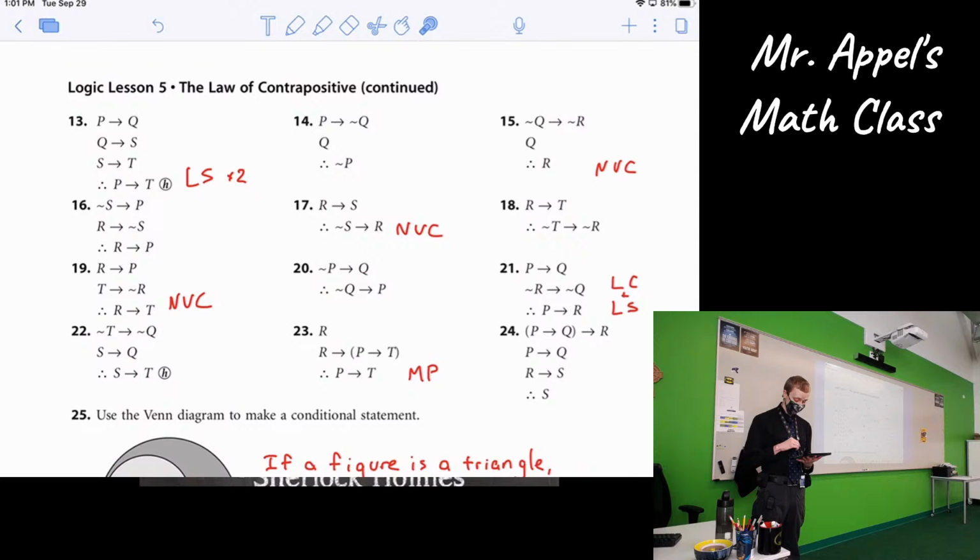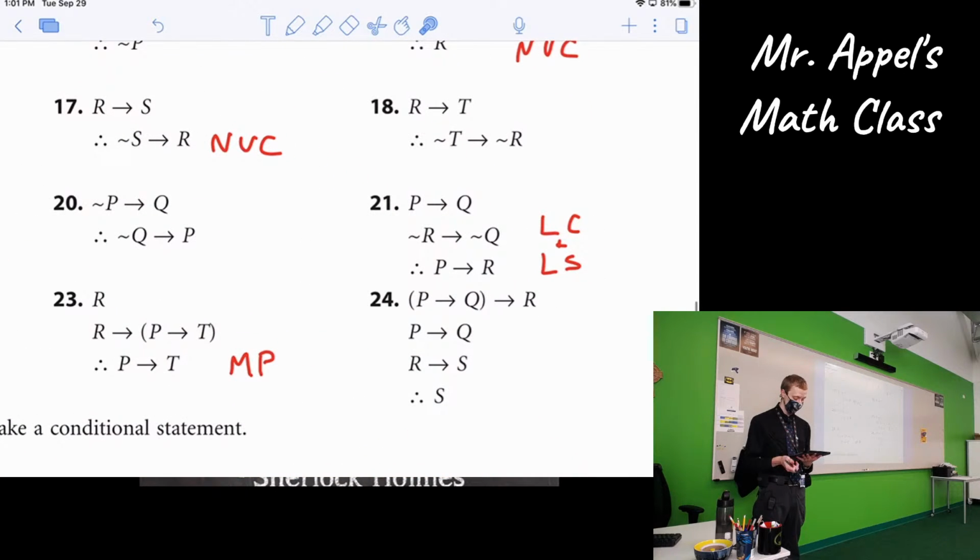Now, 21, probably the trickiest one here. 21 has if P then Q, if not R then not Q, therefore if P then R. We could use law of contrapositive on this statement here to create if Q then R, right?